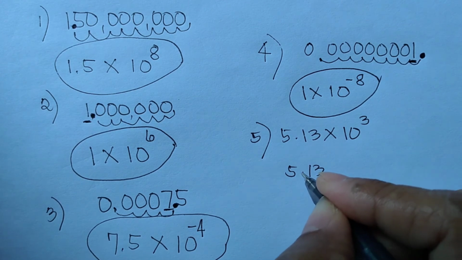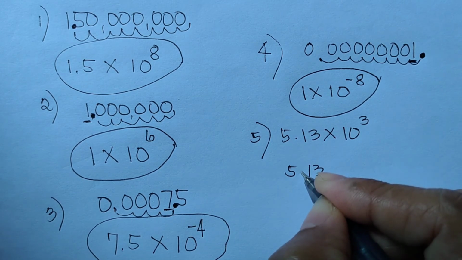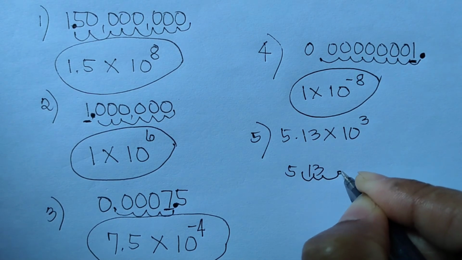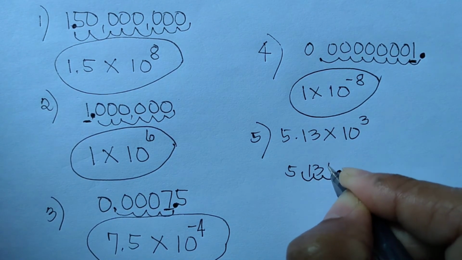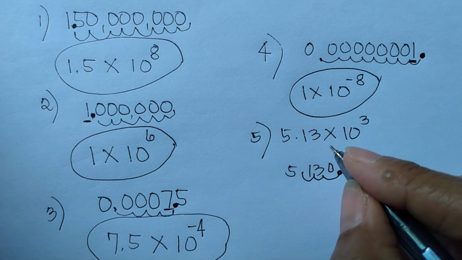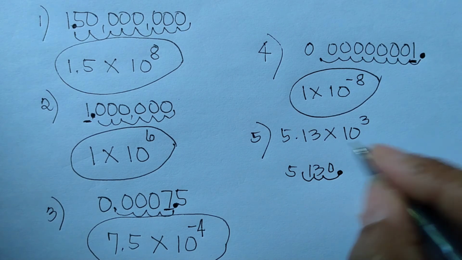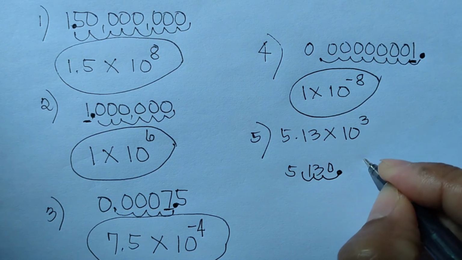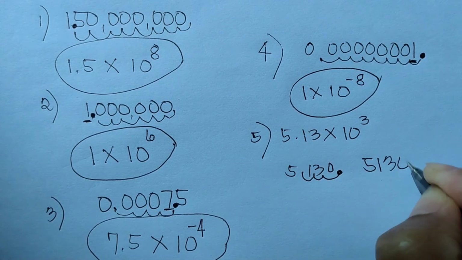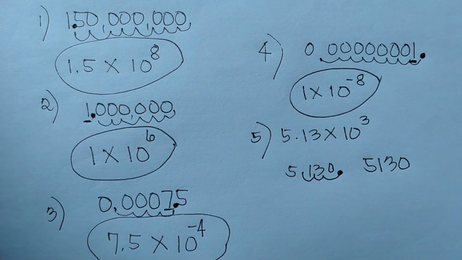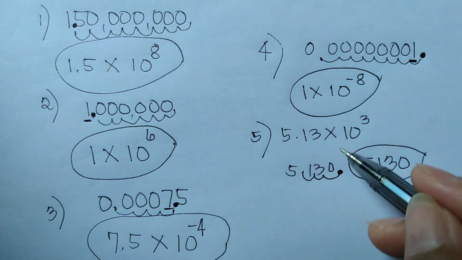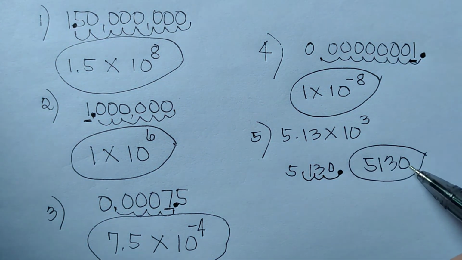Let us count. 3 times: 1, 2, 3. So our decimal point is located here. So you have to add 0. So our standard form for this scientific notation is 5,130. So that is our answer. Changing scientific notation to standard form.